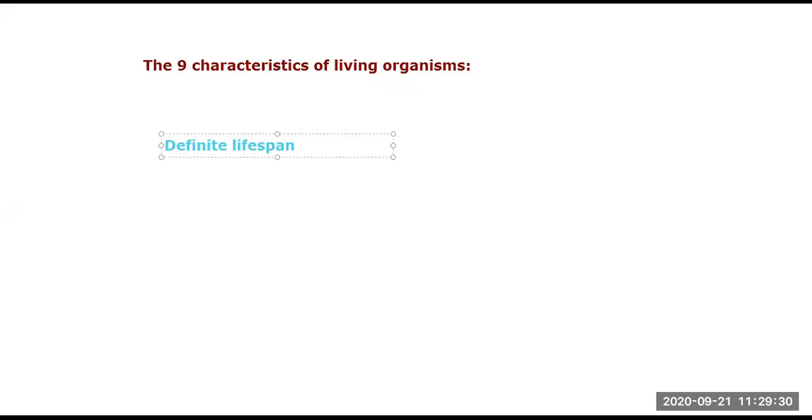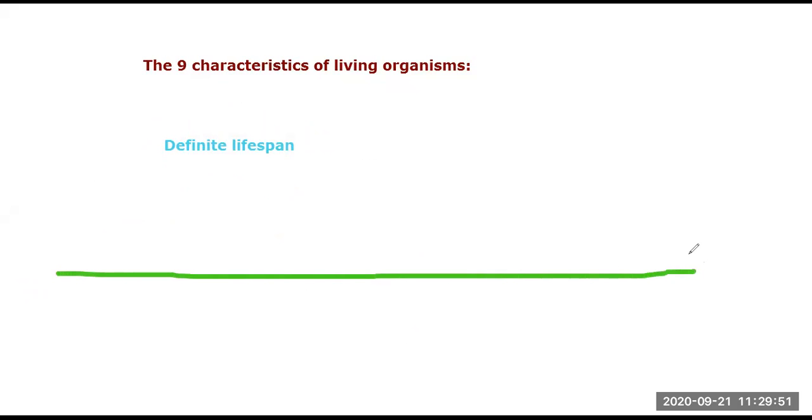So then the last characteristic is definite lifespan. Living things have a definite lifespan. They are born at some time and they die at some time. Let's say they are born at this time and they die at this time.